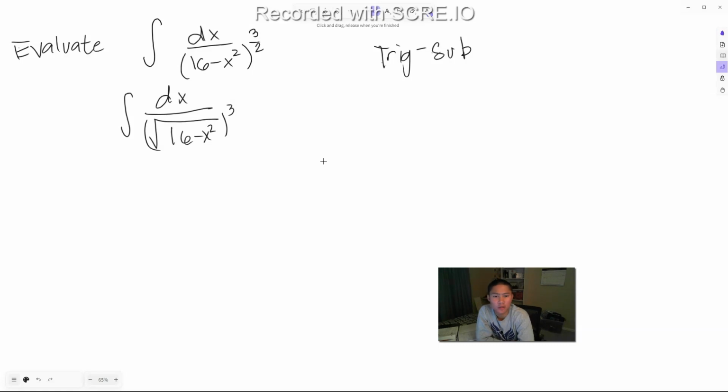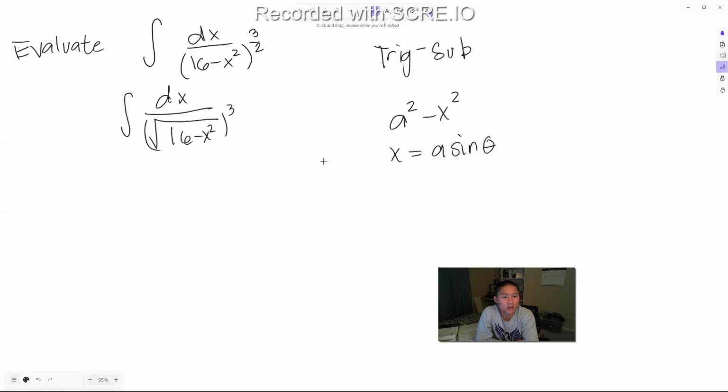Now, we can see from here that we're dealing with the square root of the difference of two squares, similar to a squared minus x squared, where a is a constant. One of the trig sub identities is x is equal to a sine theta. I'm going to put up a video that shows how all of this is derived.